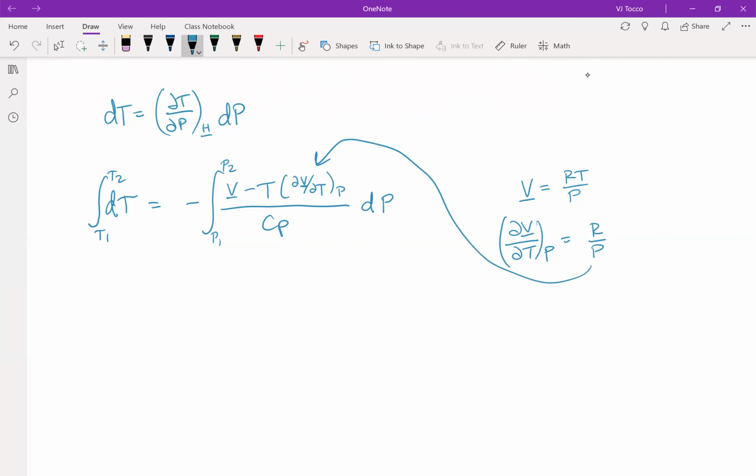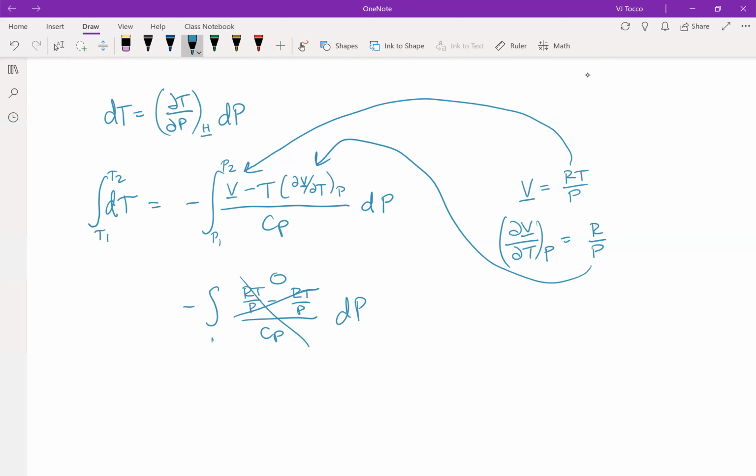And when I do that, I've got back again RT over P. I'm going to plug the ideal gas law into V underbar. So minus the integral of RT over P minus RT over P, over Cp. This whole thing is equal to 0, which makes this whole term go away.